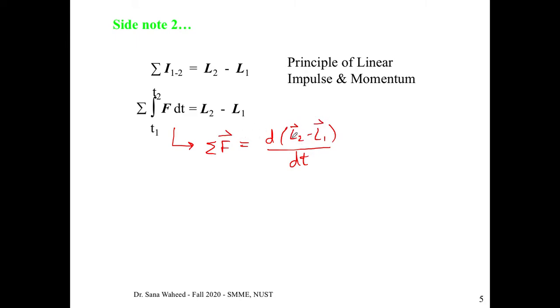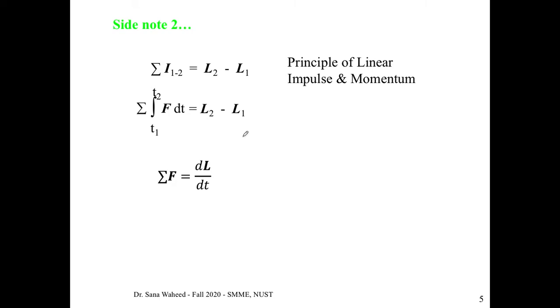And the differential of L2 minus L1 itself is actually just the differential of the momentum with respect to time. Right? What I was earlier taking forward, I'm now taking backward, just to point out one thing, that actually the resultant force that is acting on a particle can also be described or spoken of in terms of the change in momentum of the particle.